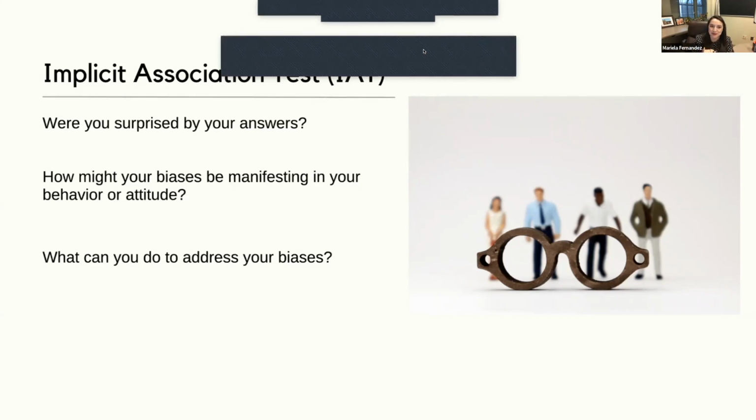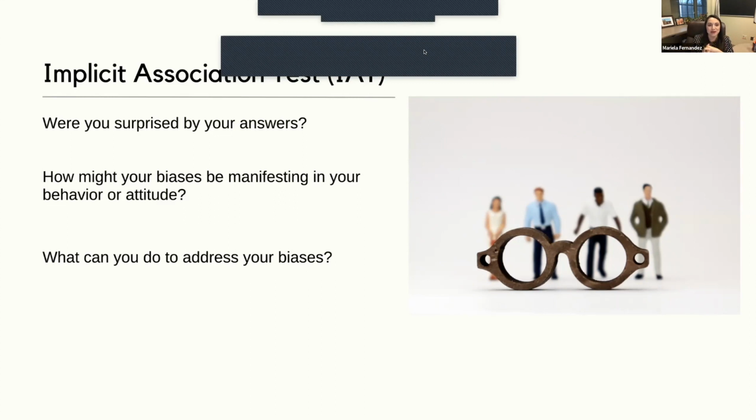If it was easier to label one group as bad over the other, that's getting at that automatic feeling that you may feel when flashed on those images. So for some folks, it becomes a little bit easier to associate dark skin or lighter skin individuals with these categories.